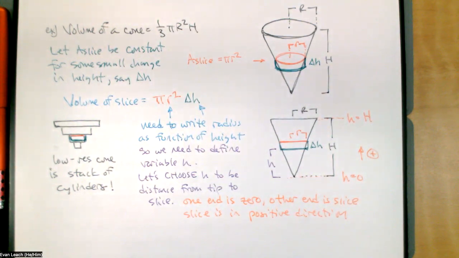I realize in the initial problems, the book tells you where to put the variable because they don't want you to have this important exercise. They don't want you to think that you have choices. I just want to explain what the consequences of your choices are. When you decide where to put the variable, you're deciding one end is 0, the other end is the slice. So you're deciding where 0 goes, and what the positive direction is.